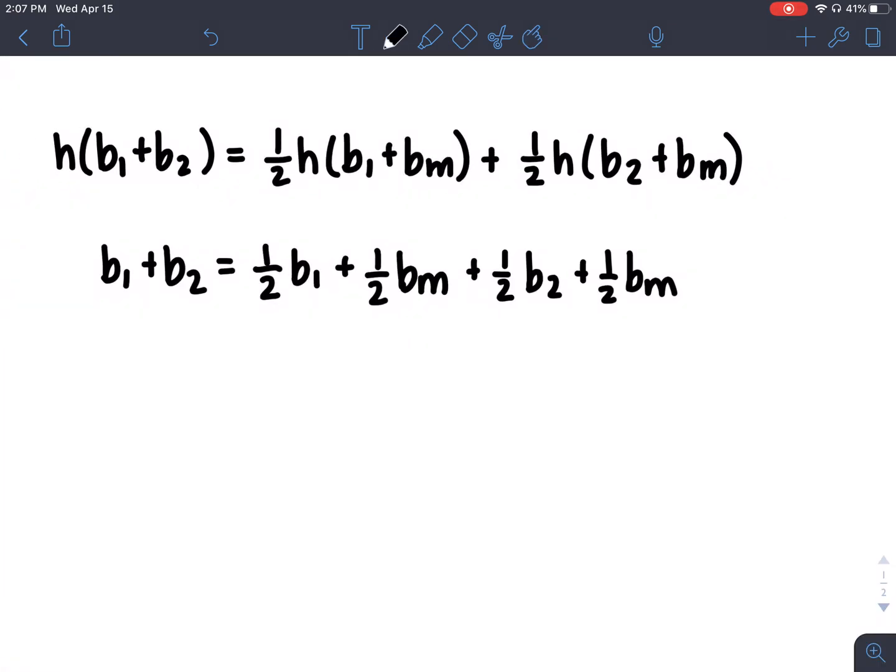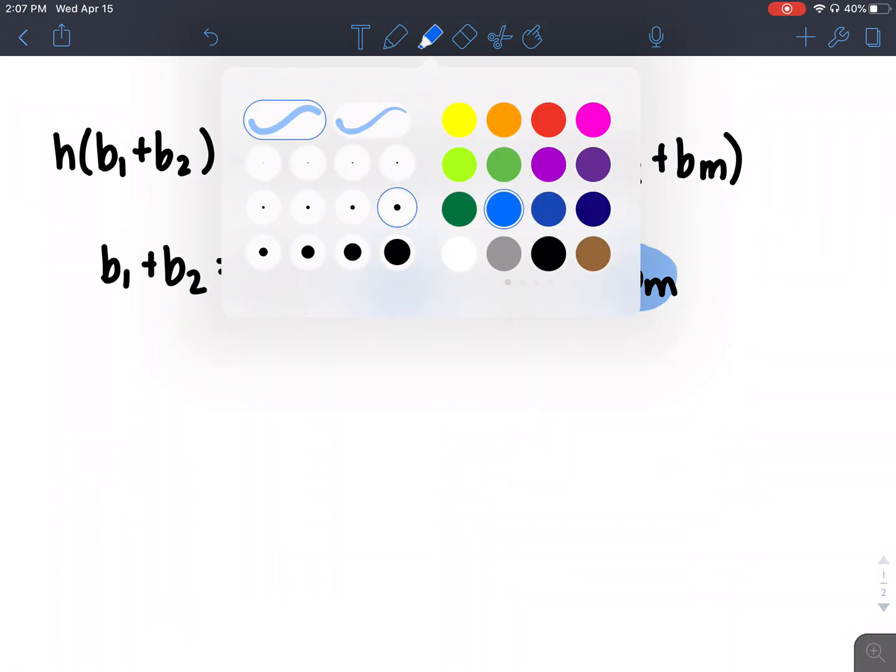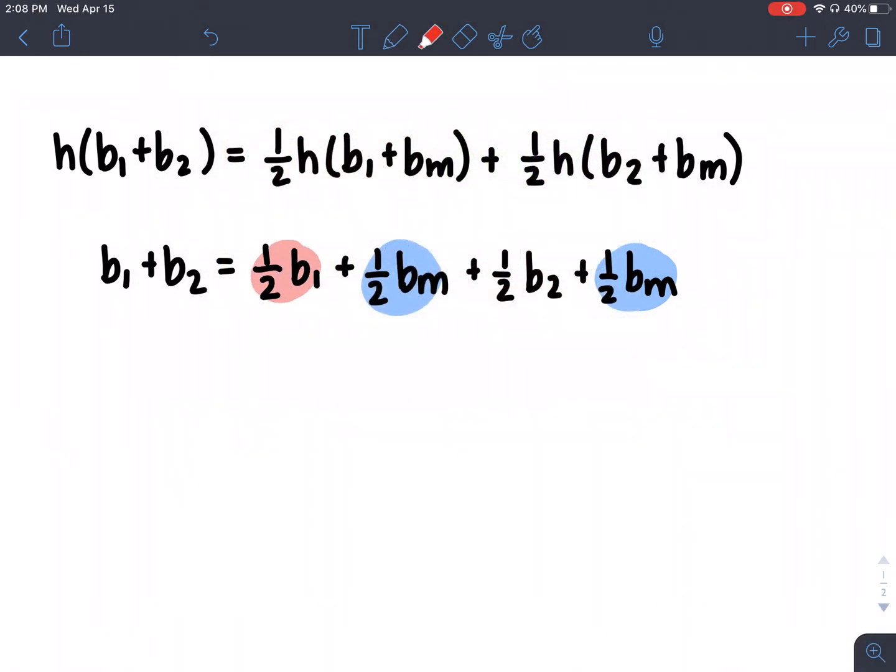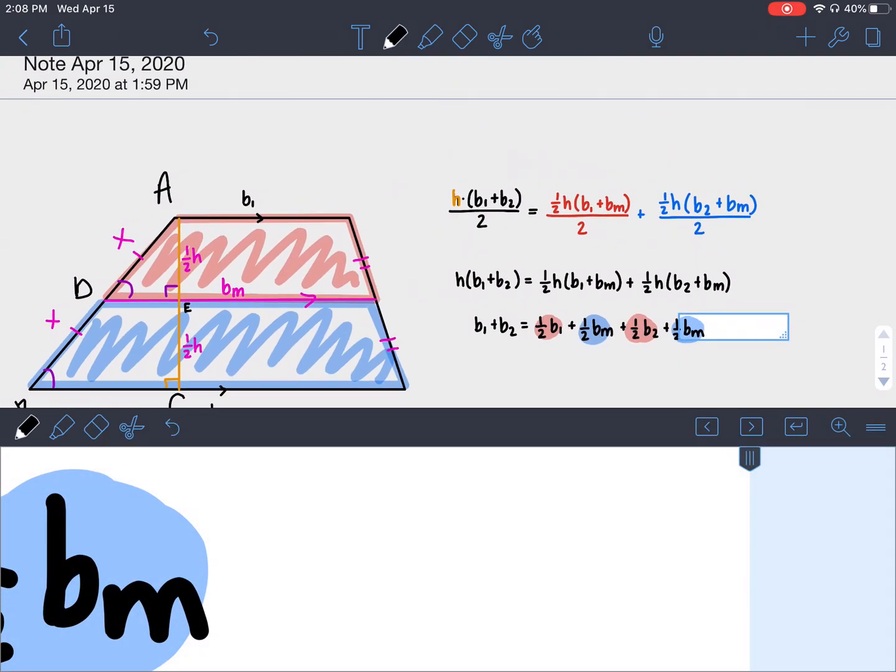So now I can see I have 1/2 of the base of the median, 1/2 of the base of the median, which just means that's one of the base medians. And then I've got some like terms here as well, and I'm just going to move them over. So I'm going to subtract 1/2 of base 1 from both sides, and then subtract 1/2 of base 2 from both sides.